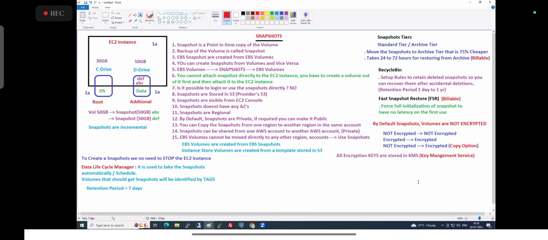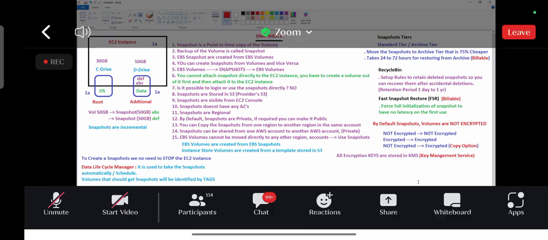KMS. What is the full form of KMS? You know other keys too, access keys and secret keys, correct? That is from which service? IAM. In IAM, we have access keys and secret keys. But in KMS, we have encryption keys. Are both the same or different? Both are not the same. Both are different.